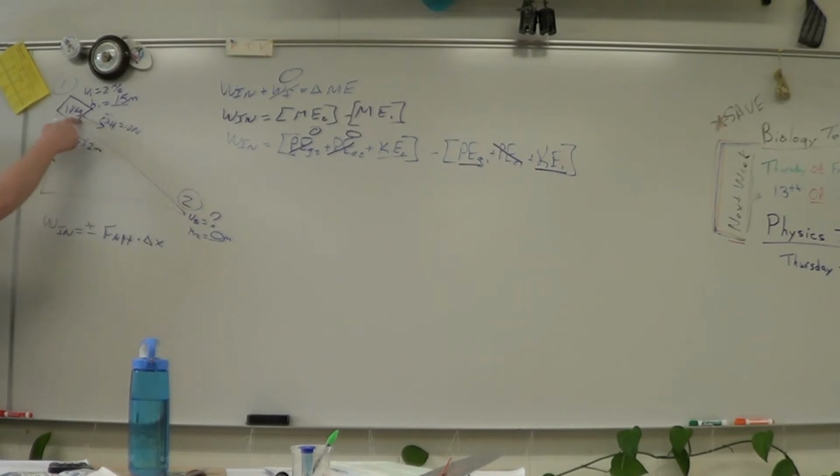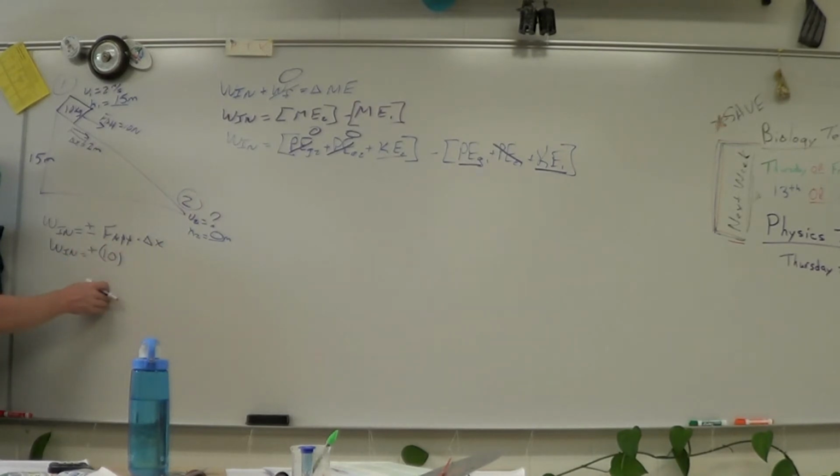Now, if the baby's being pushed down the hill, then our displacement of 2 meters is in the same direction as my applied force. And our work in is going to be positive because it's going to add energy to the system.